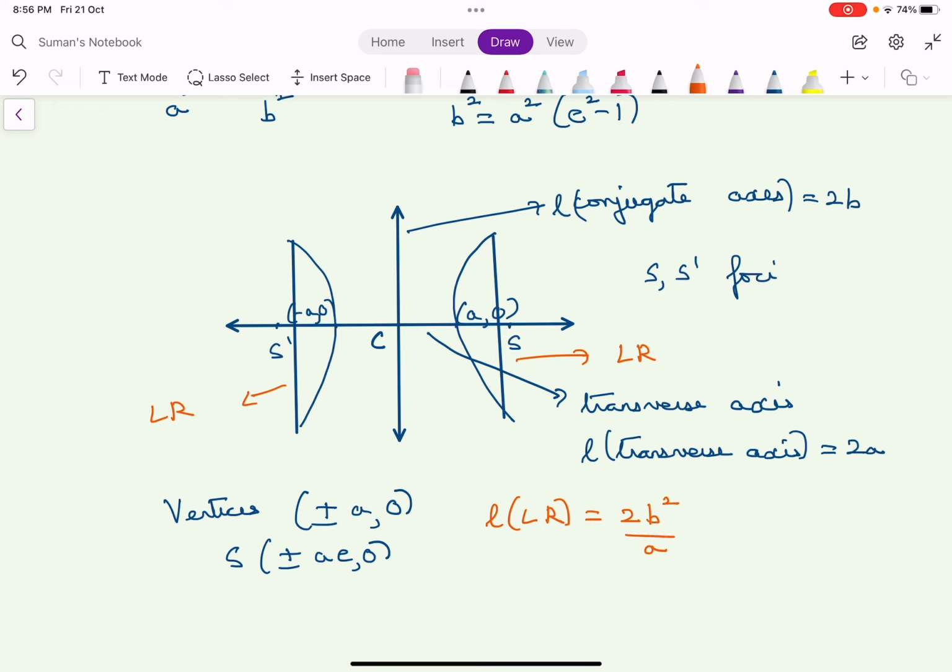Then you have a directrix, so there are two directrices. One is on the right side to the left of the curve, and the other one is on the left side to the right of the curve. So these are the directrices.